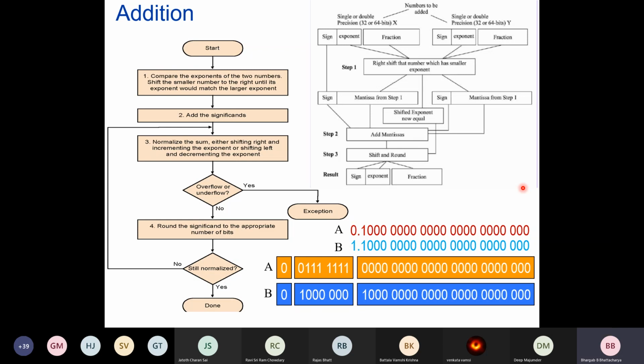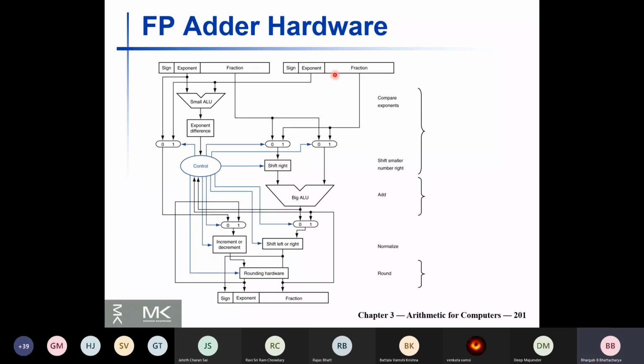So in hardware, we talked about this basic hardware scheme in the previous class. Now it would be a little bit more clear to you. So these are my two inputs. This is a small ALU which looks into the two exponents and compares them, to see which one is bigger. And there is a controller which takes care of choosing the input with the smaller exponent and shifting it to the right, so that they are now ready for addition here.